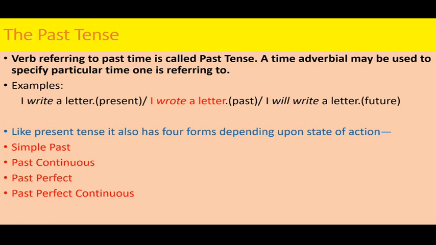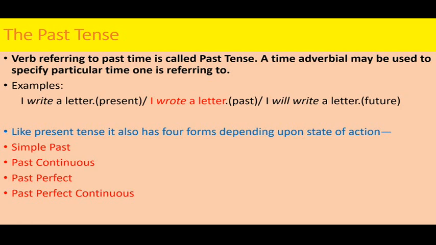When we say I write a letter, it becomes present tense. And if you use the second form of the verb, which is called past tense, I wrote a letter, it will be called the past tense. And if we make use of the modal auxiliary, I will write a letter, it denotes the future tense.